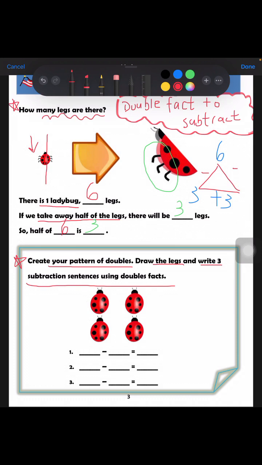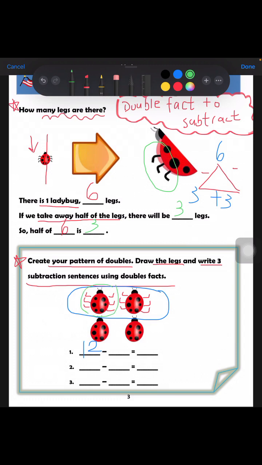Okay, for example, we draw 2 ladybugs' legs. Okay, 1 ladybug has 6 legs. So we draw 6 legs for each ladybug. And we circle 2 ladybugs. So how many legs do 2 ladybugs have? Yes, it's 12. And we take away 1 of the ladybugs.